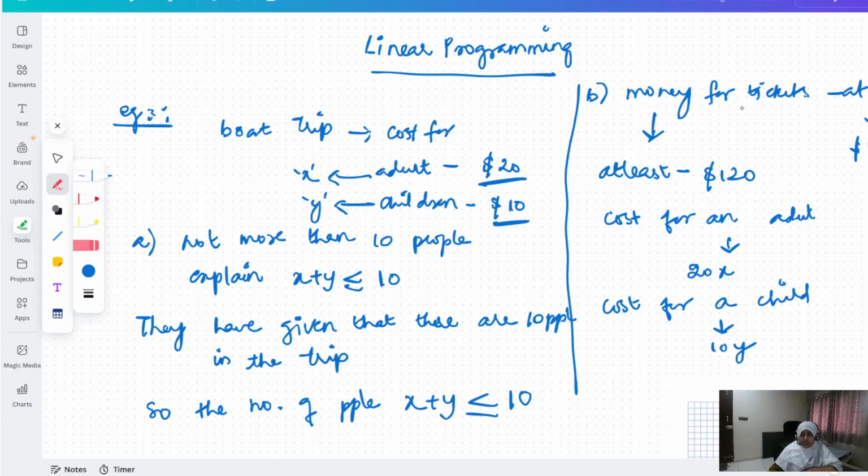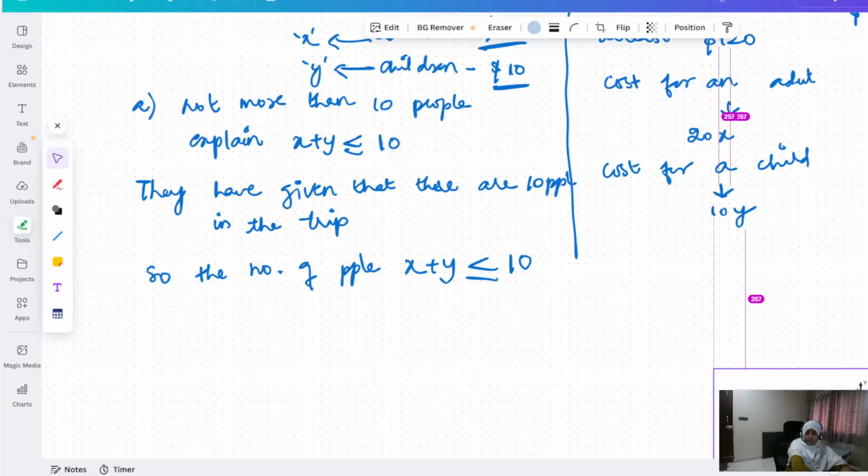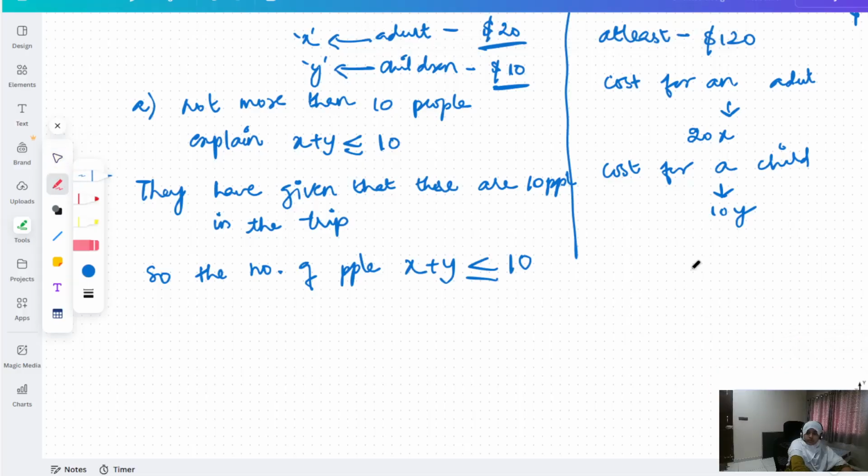They are asking for the money for the tickets, that is, the total cost which they are allotting for the ticket purpose. It should be at least $120. So the total amount they are allotting for tickets will be 20x plus 10y.